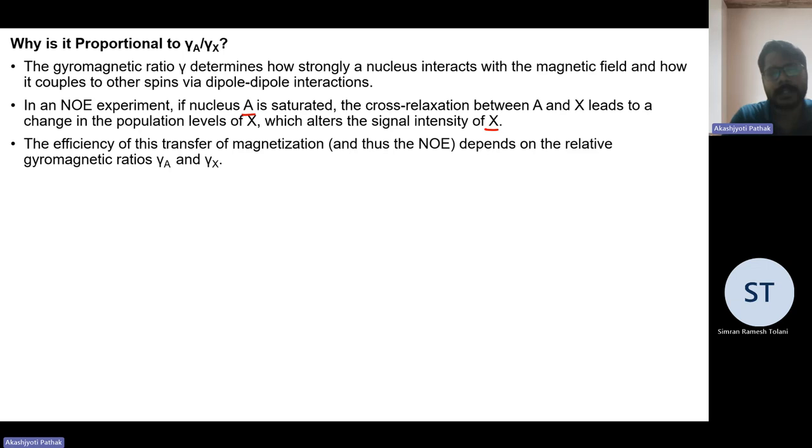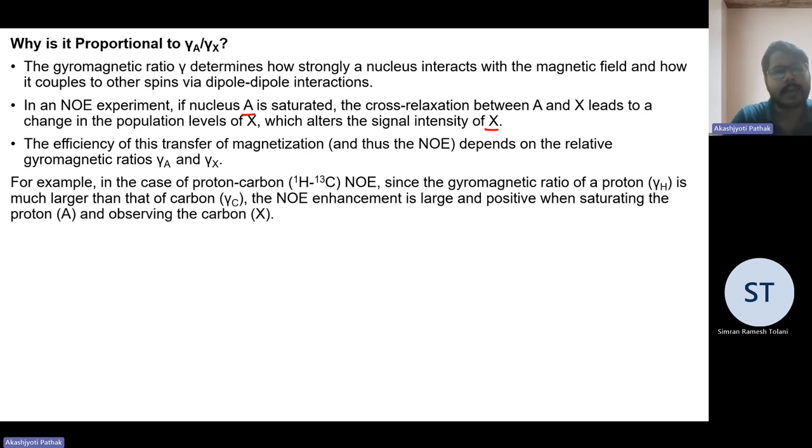Now, the efficiency of this transfer of magnetization, and thus the nuclear Overhauser effect, depends on the relative gyromagnetic ratios, gamma A and gamma X. For example, in a proton carbon system, this is A and this is X. Since the gyromagnetic ratio of a proton is much larger than carbon, the NOE enhancement is larger and positive when saturating the proton and observing the carbon.